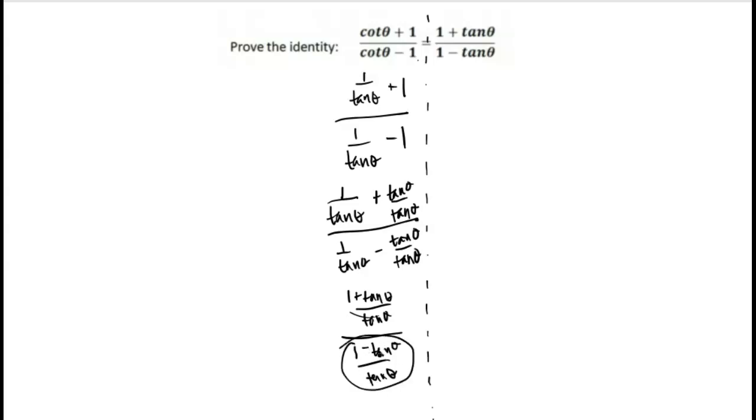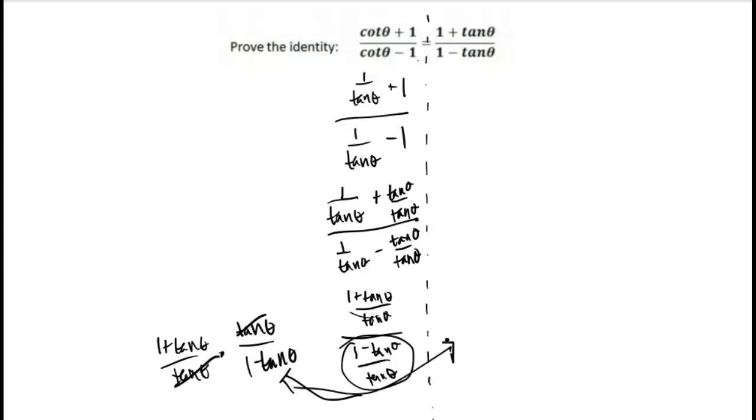Okay, so we're going to flip this and you multiply. So that gives me, I ran out of room, so that gives me 1 plus tangent theta over tangent, that was my numerator, times, and we have to flip the denominator. And when we do that, my tangents cancel, and I have exactly what I had on this other side, which is 1 plus tangent over 1 minus tangent.